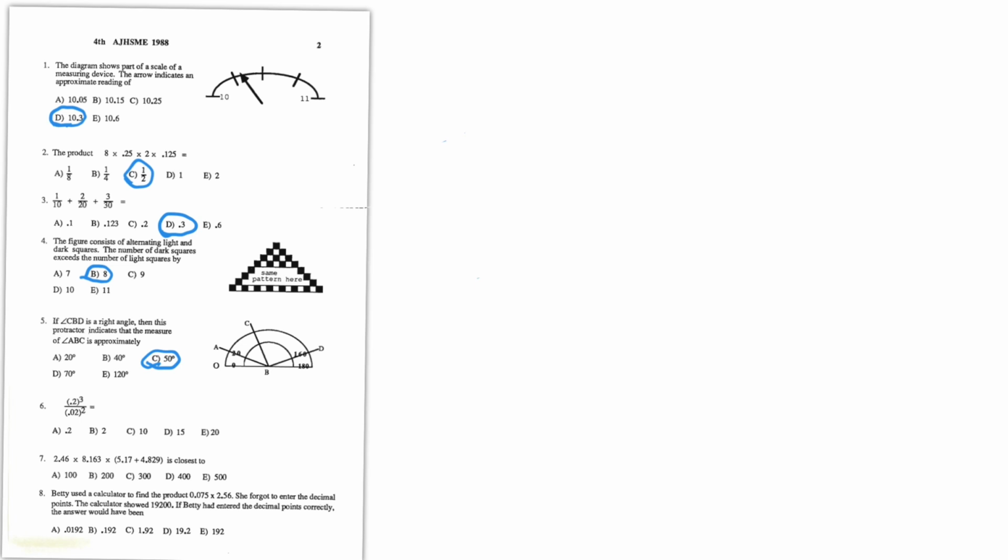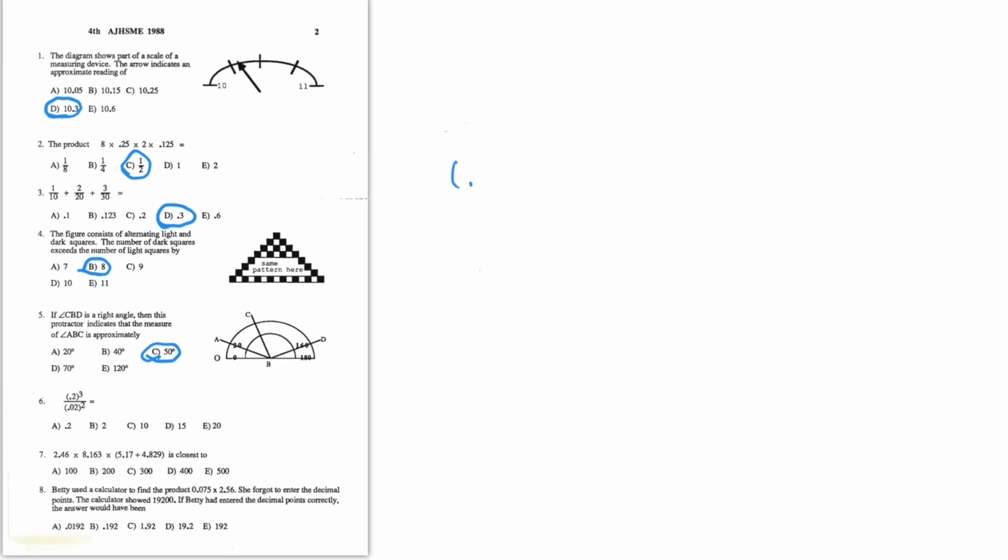Number 6, 0.2 cubed over 0.02 squared. 0.2 cubed, we know 2 cubed is 8. Where do we put the decimal point?